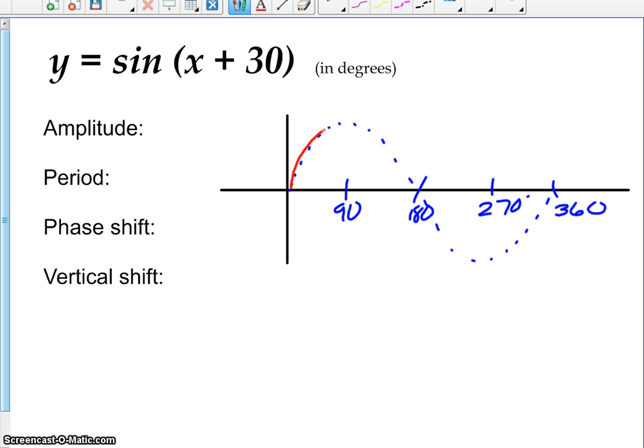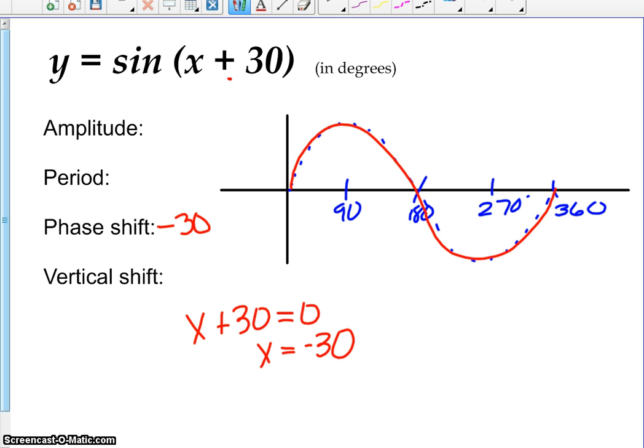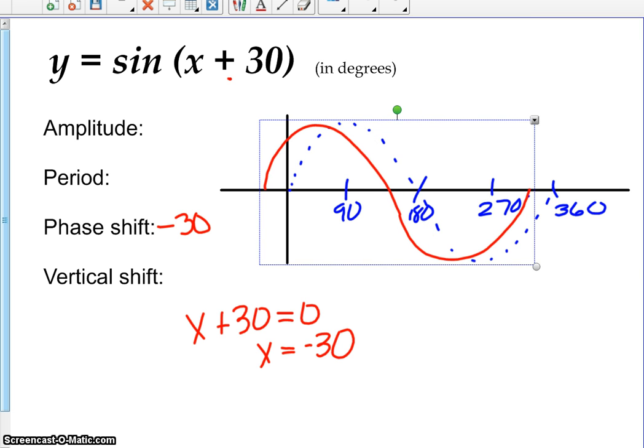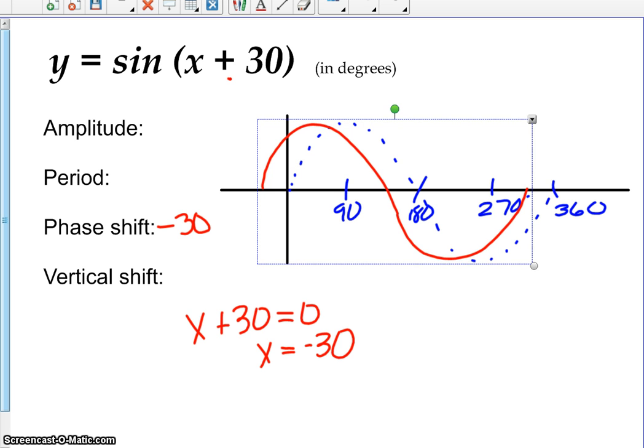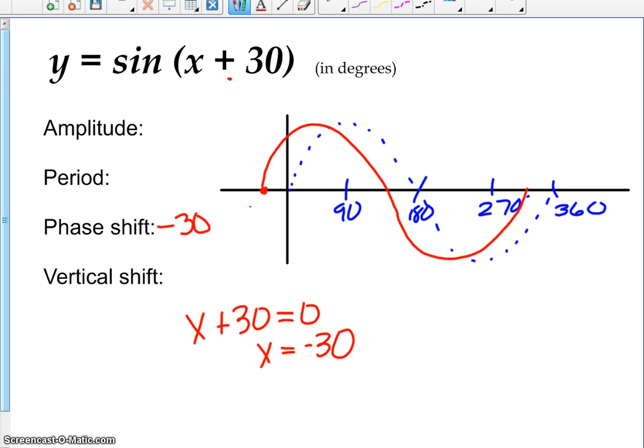Now, same curve here. I need to shift it, and it has a phase shift of a negative 30. Now, if you remember, for the phase shift, we take what's in the parenthesis, set it equal to 0, and then solve it. So yep, my phase shift would be a negative 30. So what I need to do here is move that negative 30. So now this point is going to be at negative 30 degrees, not at 0.